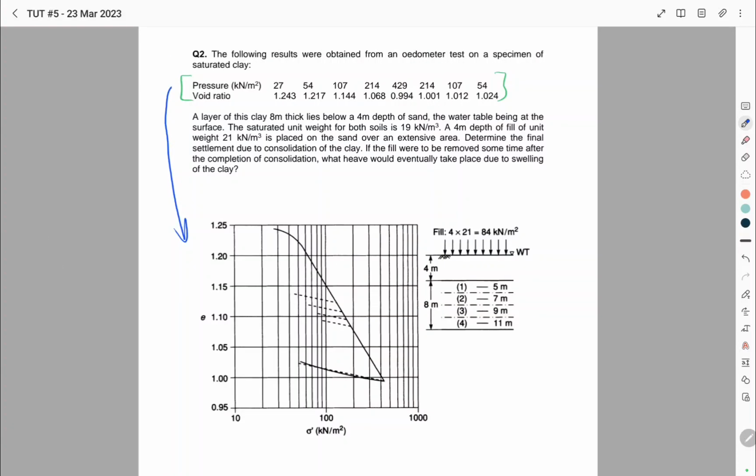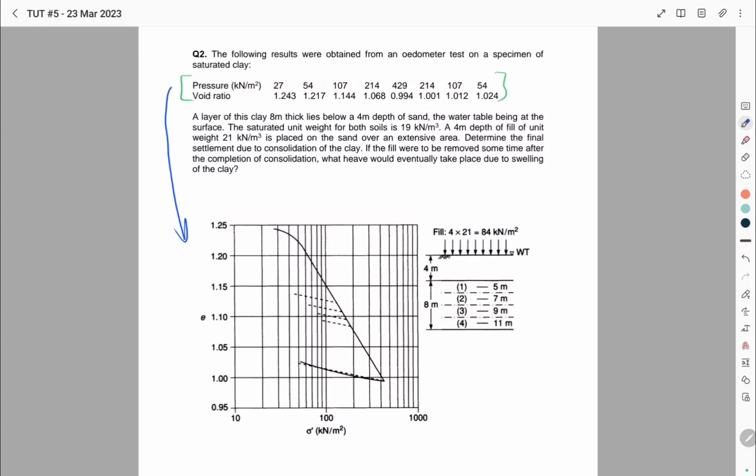In the second part of the question, it says that a layer of the same clay that were tested in the lab, which has an 8-meter thickness, lies below a 4-meter depth of sand, and a fill of unit weight of 21 kilonewton per cubic meter is placed on these two layers.